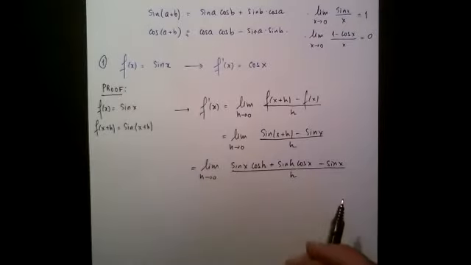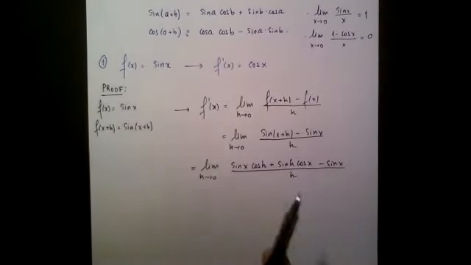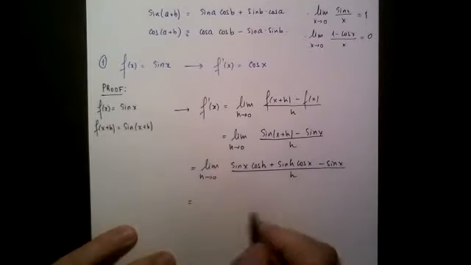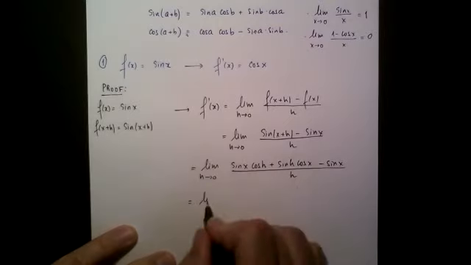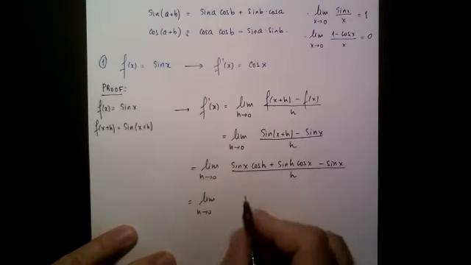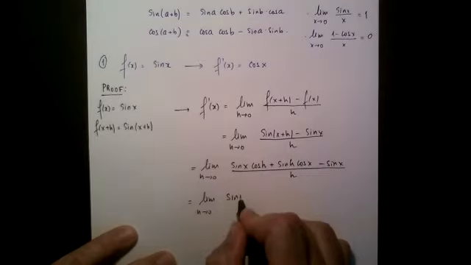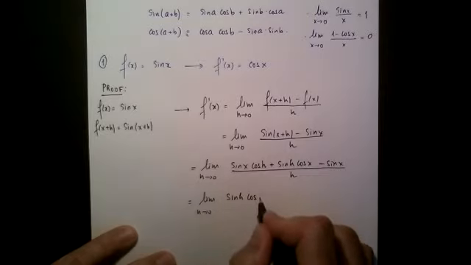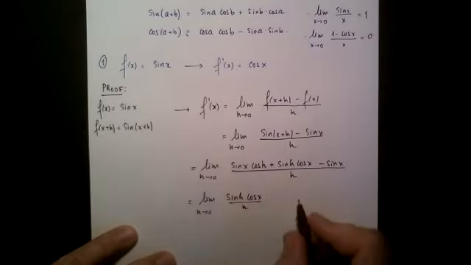At this point, I'm going to separate into two fractions. The first fraction will be this one here: limit as h approaches 0 of sine h cos x over h.